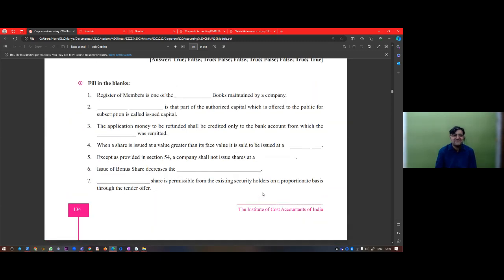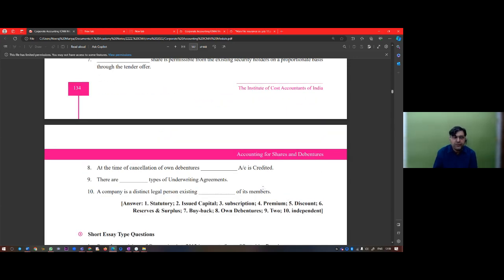Buyback is permissible from the existing security holders on a proportional basis through the tender offer. At the time of buyback of own debentures, the own debentures account is closed by crediting it. There are different types of underwriting agreements. A company is a distinct legal person independent from its members.